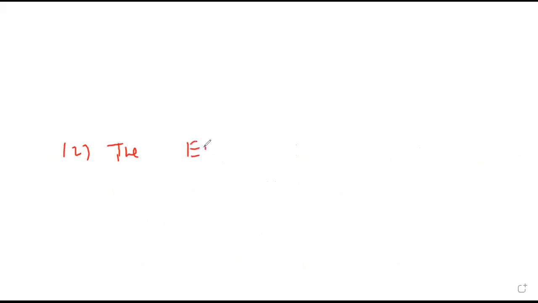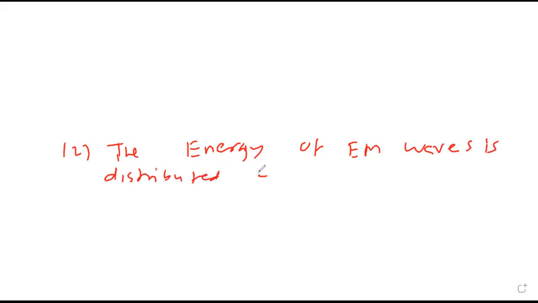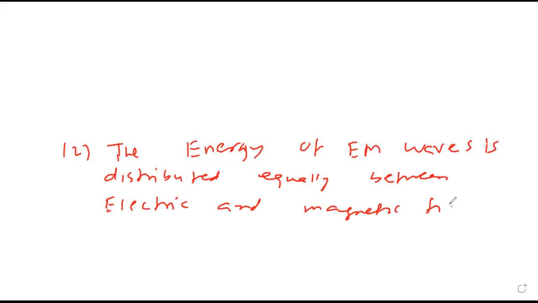The energy of electromagnetic wave is distributed equally between electric and magnetic fields. Therefore, intensity of electric field is same as that of magnetic field. 12th point.